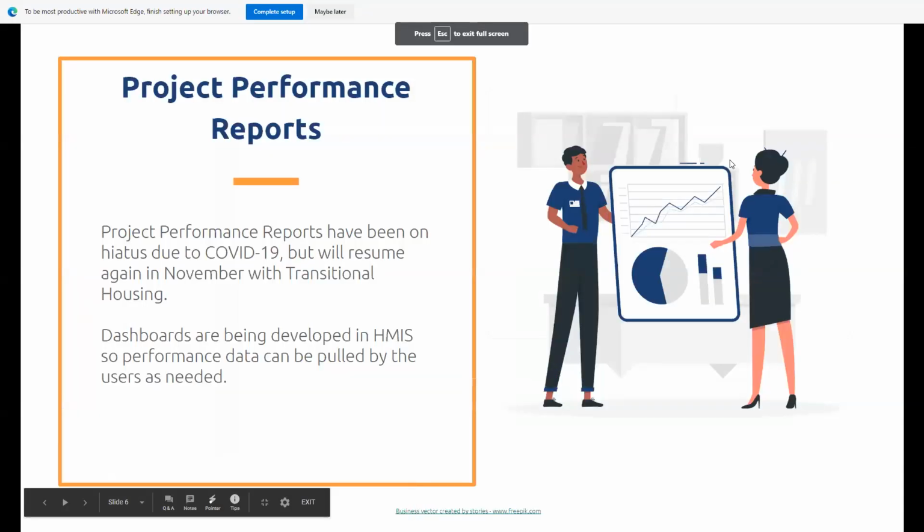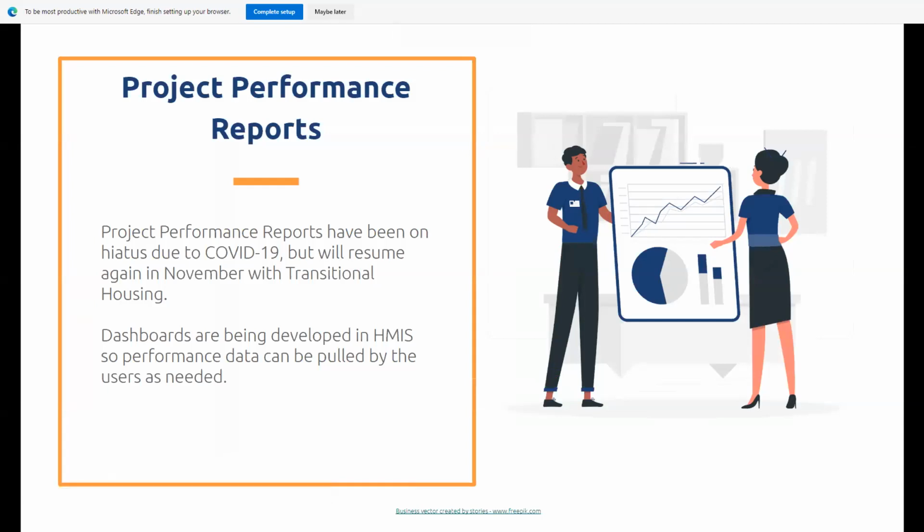Okay, project performance reports. So many of you know that we stopped doing the project performance reports at the start of the pandemic, or maybe not the start, but we stopped doing them because a lot of the agencies had users working from home and didn't have access to files.